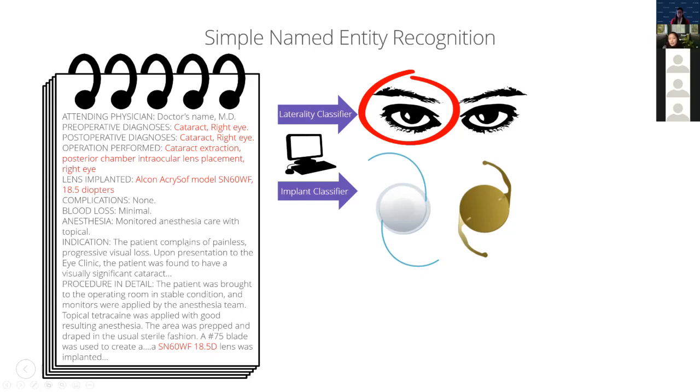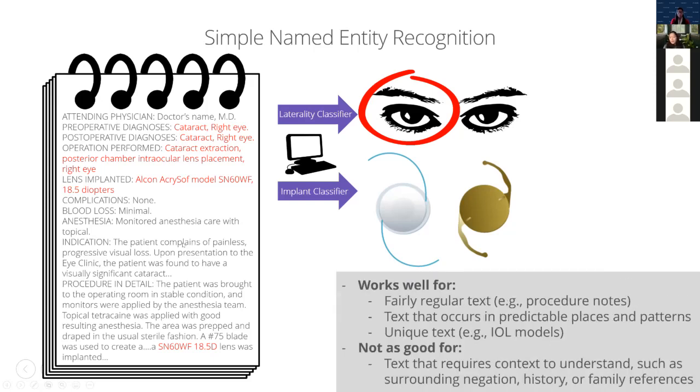So, this approach works pretty well if you have regular text like procedure notes or text that occurs in relatively predictable places and patterns. It also works pretty well for unique text, for example, like IOL models. If you see a text string that says SN60WF in an operative note, there's no question or ambiguity about what that could be referring to.